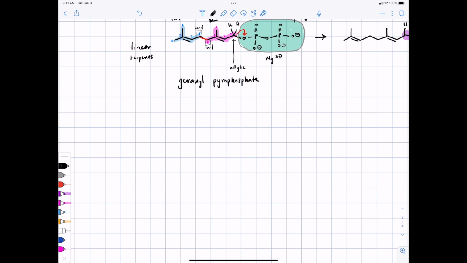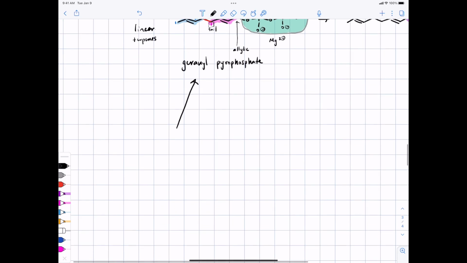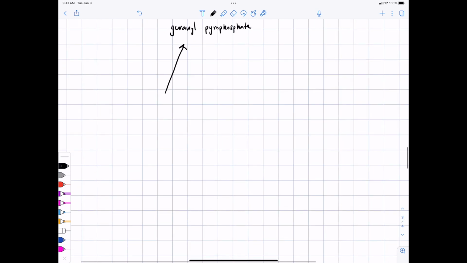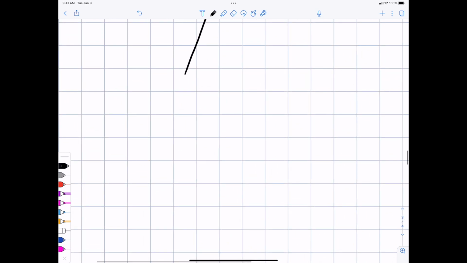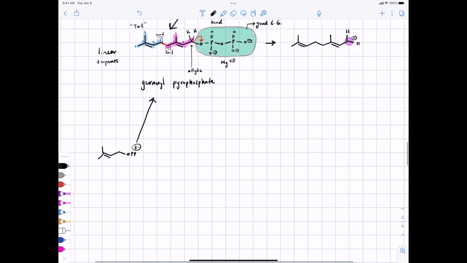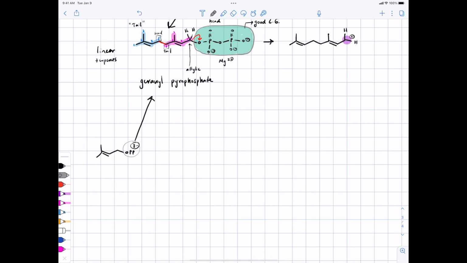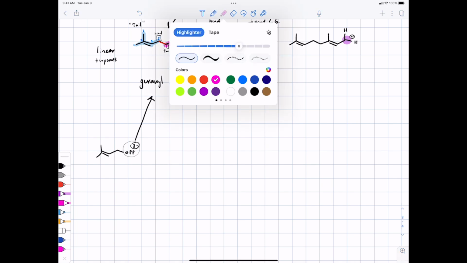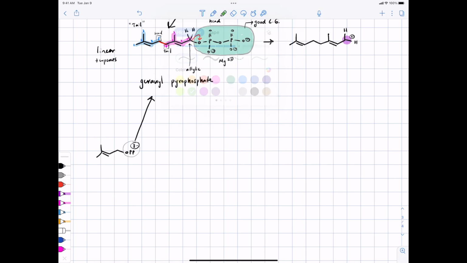So we get geranyl pyrophosphate from two simpler precursors. The first is this one, and I'm going to abbreviate the pyrophosphate group as shown here. When you see that, think of what I've drawn for you above, just a good leaving group. You don't need to know the name of this.